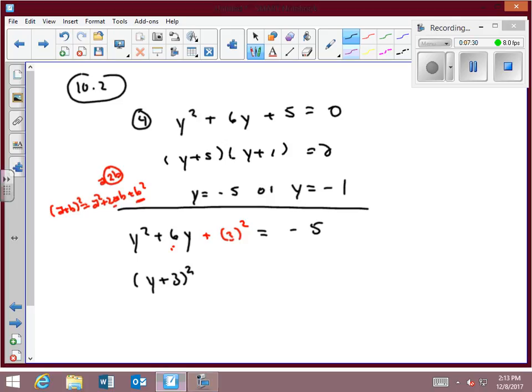You've made it that. Now, because I added this to the left to balance the equation, what do I have to do to the right? Add the same thing. So then my right-hand side becomes a negative 5 plus 9, which is plus 4.